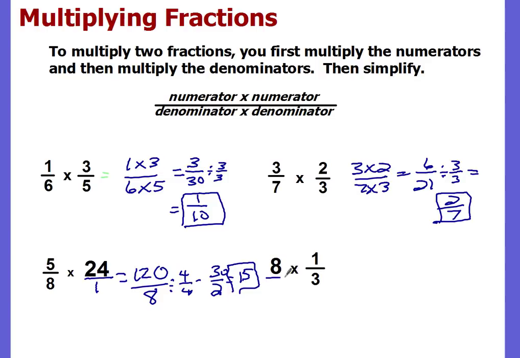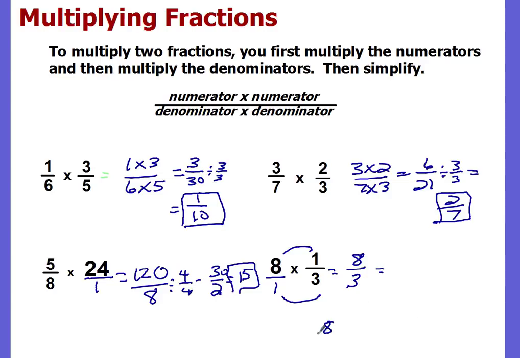Again, all whole numbers you can put in fraction form by writing them over 1. And now we're just going to multiply our numerators together. 8 times 1 is 8. Multiply your denominators together. 1 times 3 is 3. So you get 8/3. Now this is an improper fraction, so we're going to have to change it back to a mixed number.